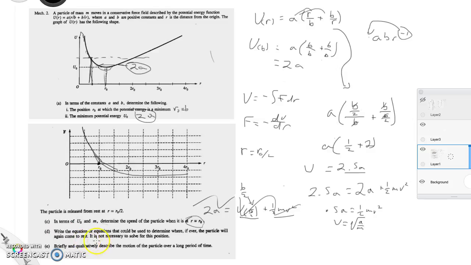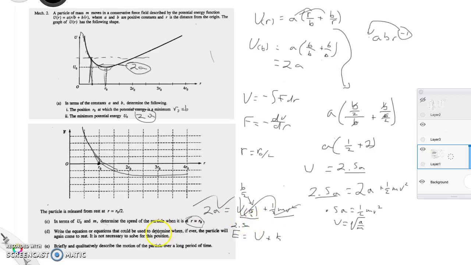Okay, then it says write the equation or equations that could be used to determine where, if ever, the particle will again come to rest. It is not necessary to solve for this position. So energy is equal to potential energy plus kinetic energy. We know that we gave this particle a total of 2.5A.